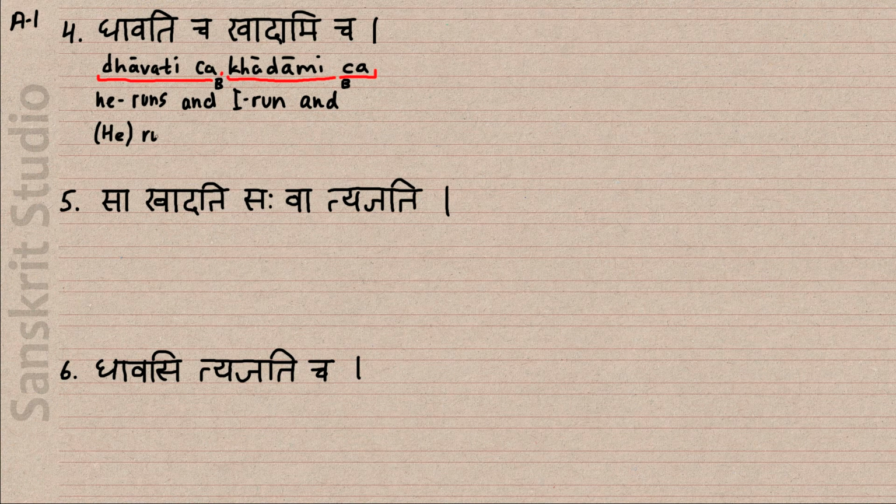He runs, and I run. Like that, and then we have to, since it's B syntax, we always have to mark it out, as I said on the previous sheet there, on the previous page.